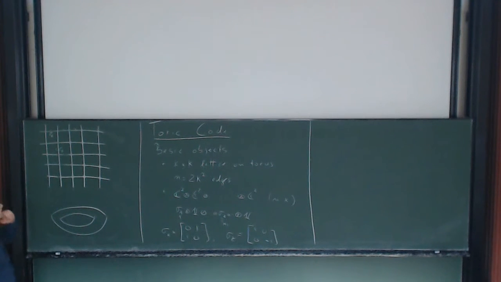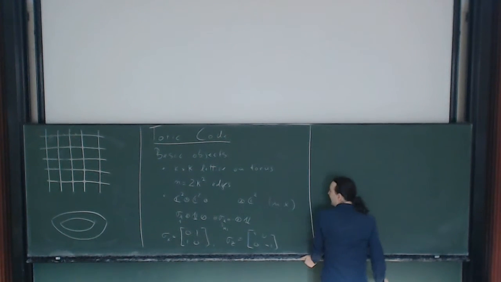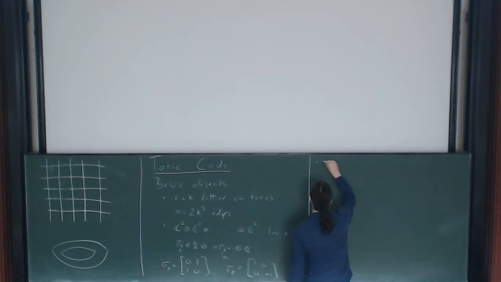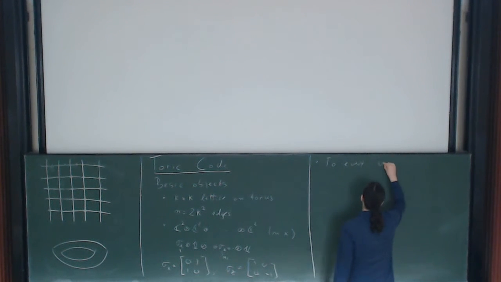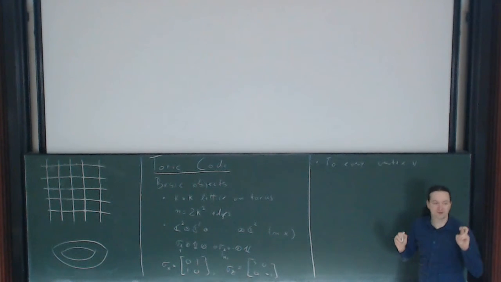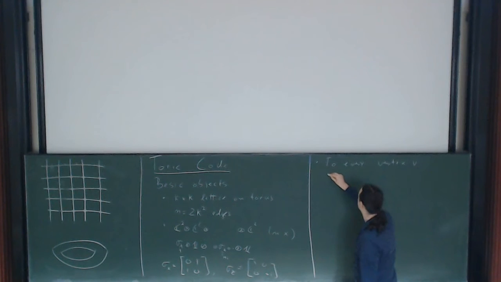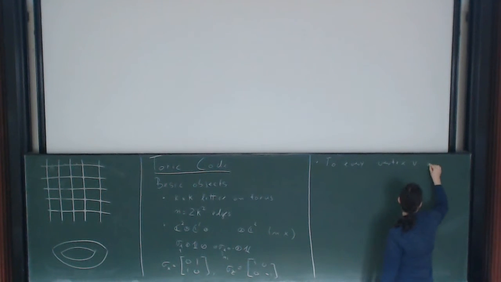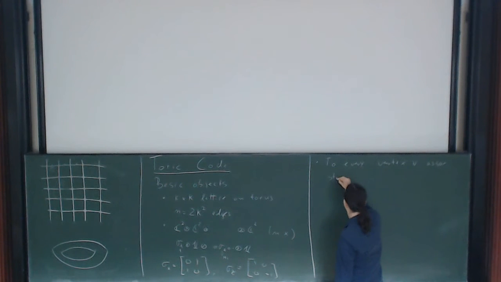Okay. So now I will introduce 2 kinds of Weyl-Heisenberg operators. And these will be the building blocks of everything. And the first is: to every vertex I associate the so-called star operator.